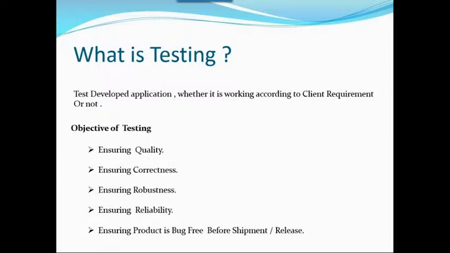The user needs to accept your application. I will explain how we test reliability and all these things. And finally, we ensure the product is bug free before shipment and release. Before we go to the release, we need to check whether the application is bug free.